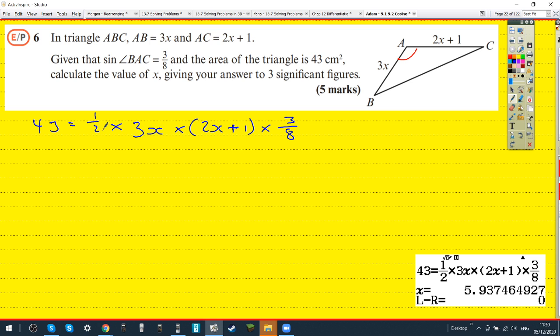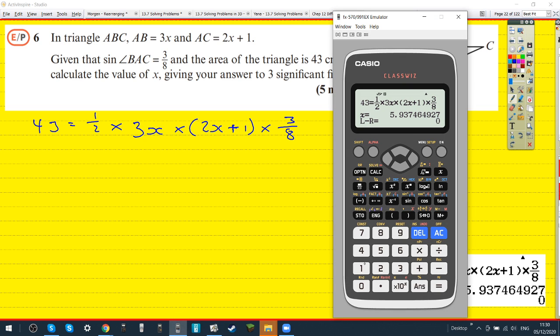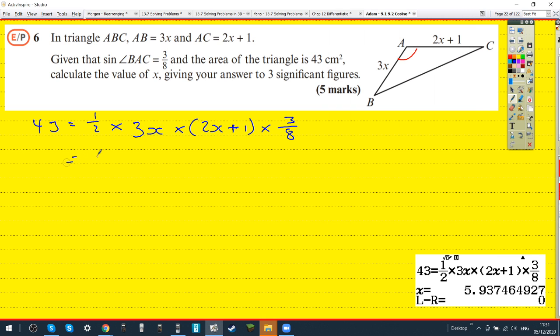All right. A half times 3 times 3 over 8 times 3 times 3 over 8. 0.5625 or 9 over 16. All right. So 9 over 16 x times 2x plus 1.